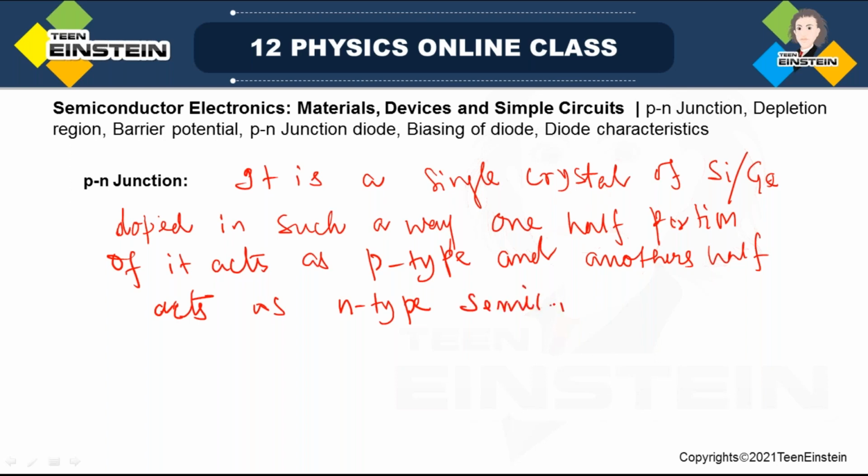Okay. I'm sorry, my digital pen is giving me some trouble. So this is a semiconductor.